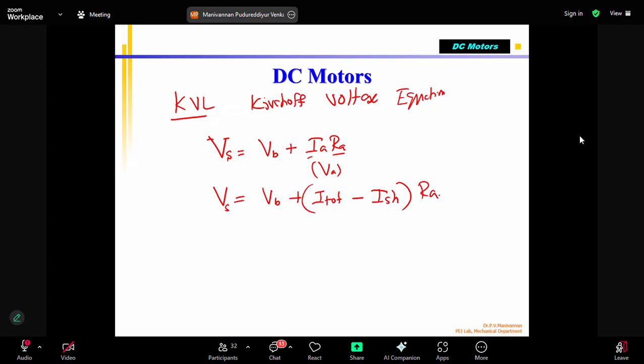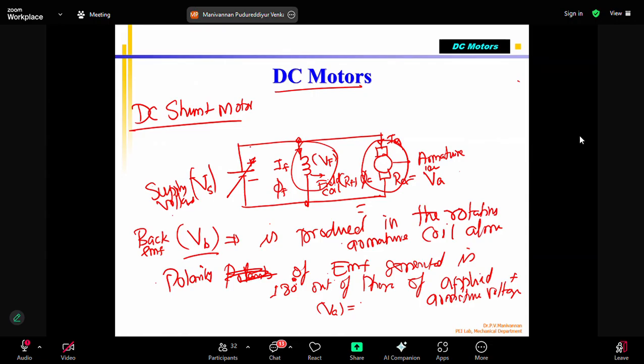You may wonder, sir, why you are writing I total. Let me go back here. This current is called I total. The battery supplies VS, and because of that there is a current. This current supplied by the battery, the total, is divided into two parts. One is called I shunt, the shunt current, and the remaining goes to IA.